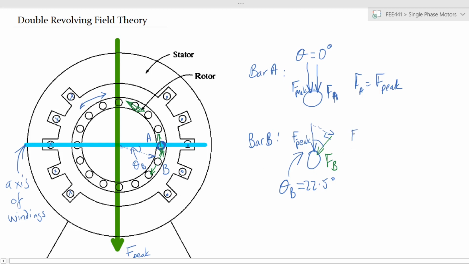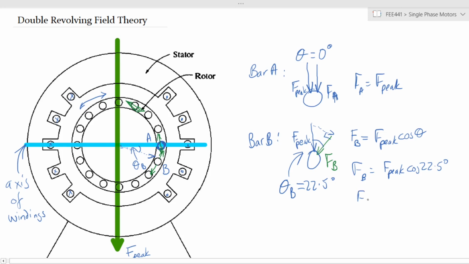In this particular case, FB is related to F peak in what way? It is F peak times the cosine of theta. Therefore, FB is equal to F peak cos 22.5 degrees.